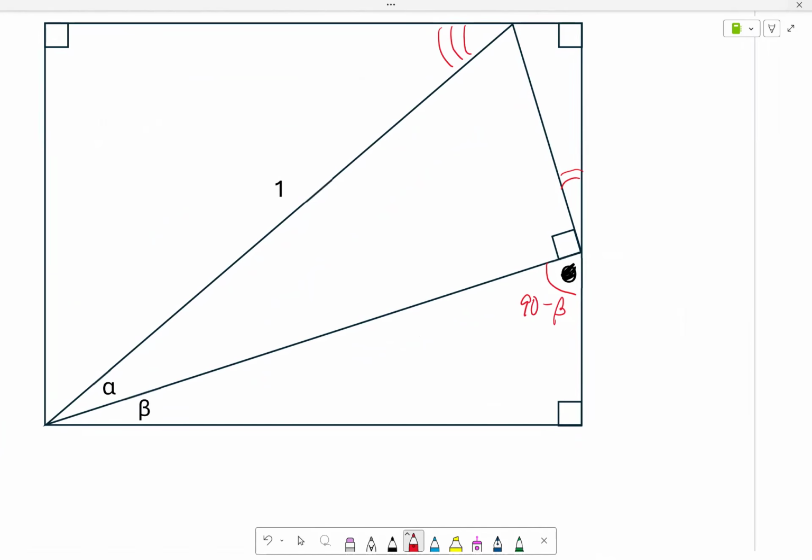Yeah. Complementary, and I should say that we're doing that in degrees, of course. 90 minus beta degrees. That's good.